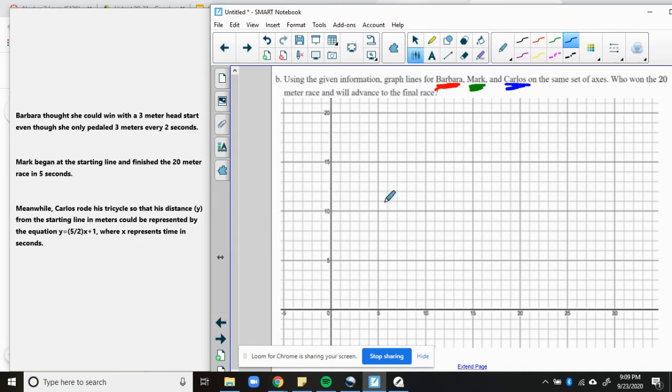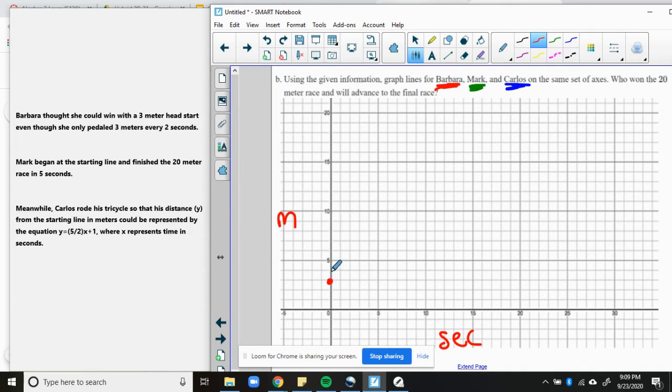All right, so we're going to start with Barbara. She started with a 3-meter head start, so I'm going to give a point at 3. She pedaled 3 meters every 2 seconds. So that means my meters, which I forgot to label over here, and then my seconds is over here.